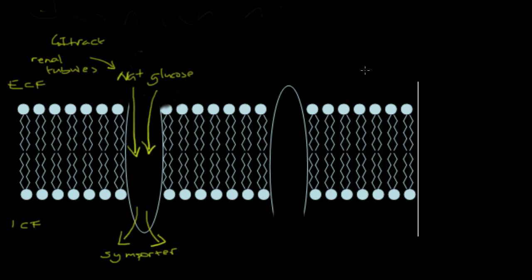There is another process whereby the solutes are going to be moving in completely opposite directions. So for example, we've got sodium here and we've got hydrogen ions in here, and the sodium is going to move into the cell and the hydrogen is going to move out of the cell. So there's going to be a conformational change when these two ions enter the protein. It's going to change shape, allowing sodium to come in and hydrogen to go out.